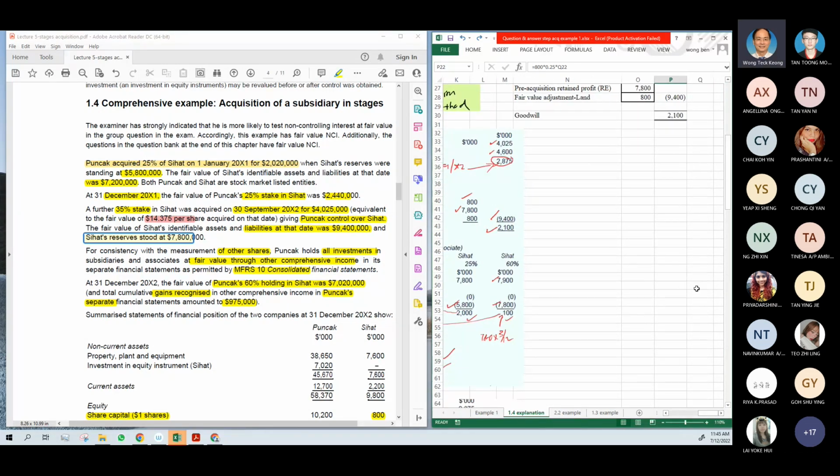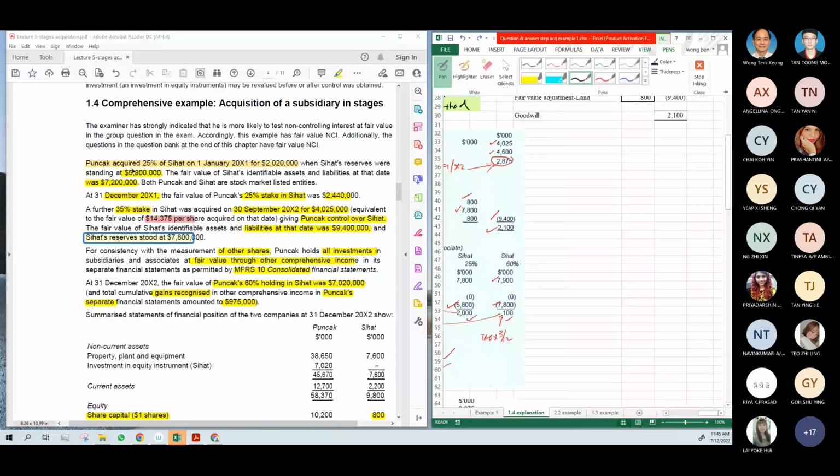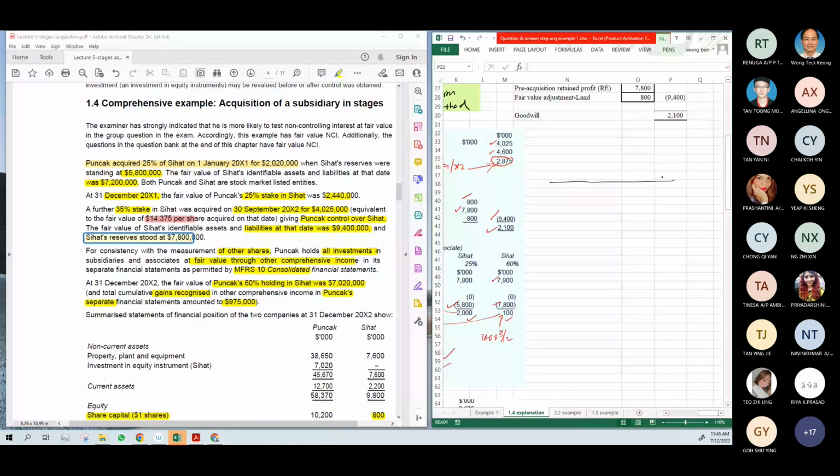So I draw the timeline for you. When we bought the 25%, it's on the 1st January X1, so the reserve or retained earnings, RE, is 2.02 million. By the time we become a subsidiary, from here to here is the associate.